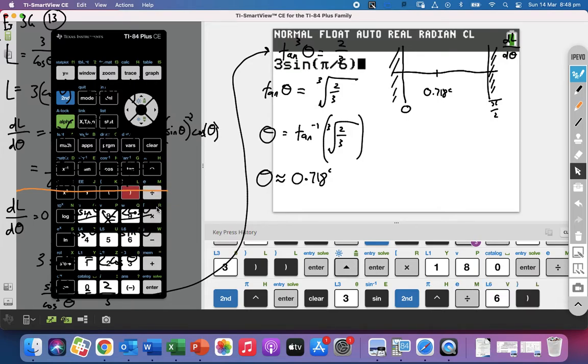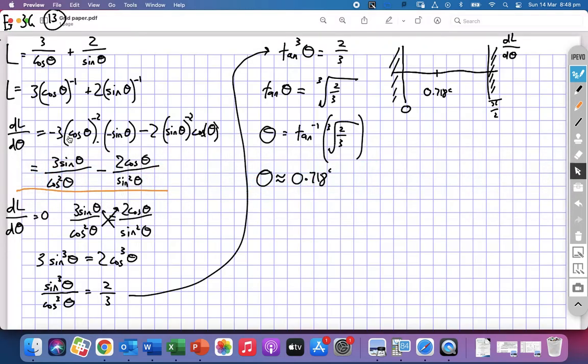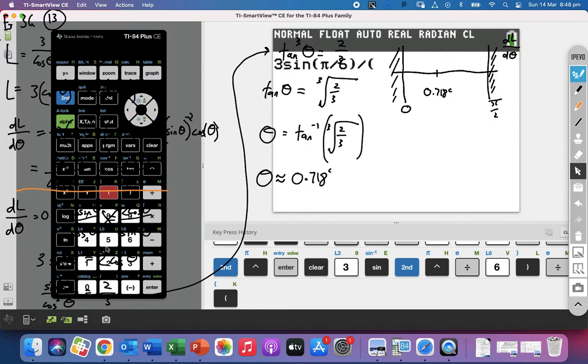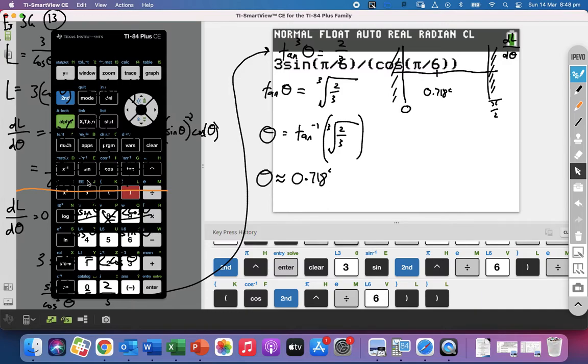And that was all divided by, now I can't read the original. Where are we? 3 sine pi on 6 on cos squared pi on 6 divided by cos pi on 6 all squared, plus, or was it minus?